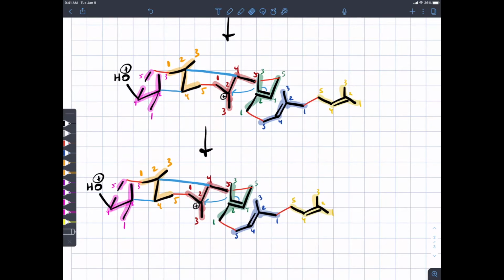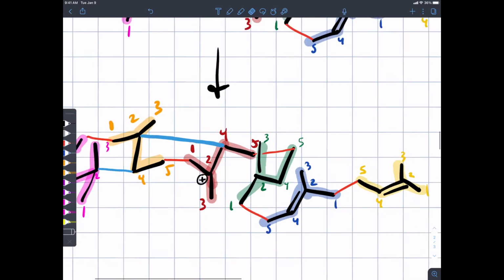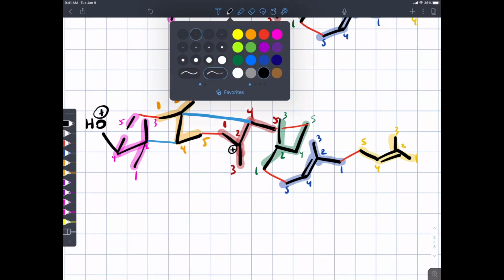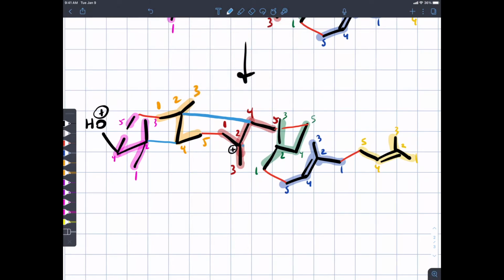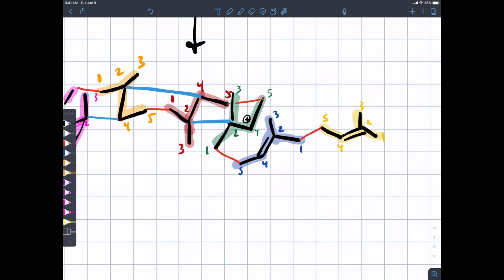All right, so let's draw the new bond we just made. And that will be between green 2 and red 2. And that will put a positive charge on 4. And then, again, we've got a double bond positioned just the right amount of distance away. And if we have carbon 4 do the attacking, we can get a 5-membered ring with a positive charge on carbon 2.